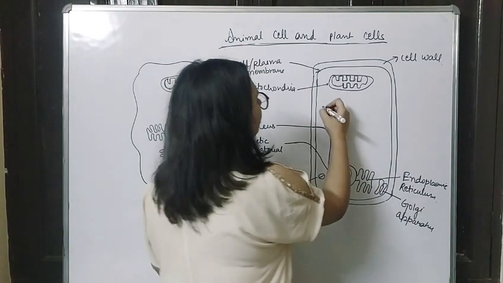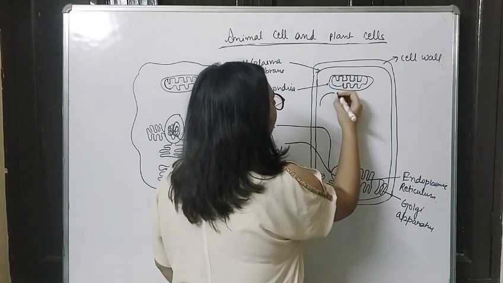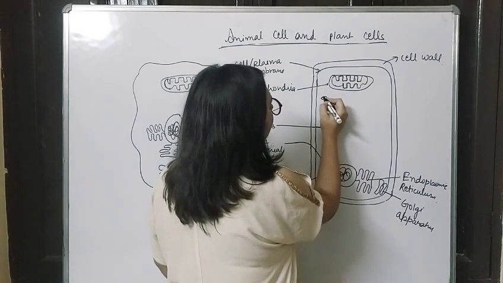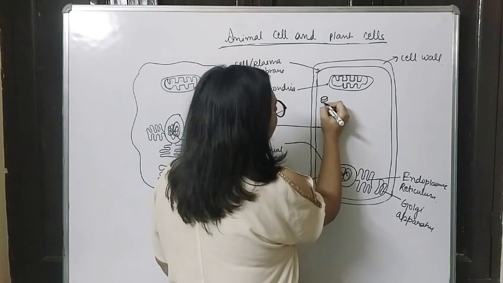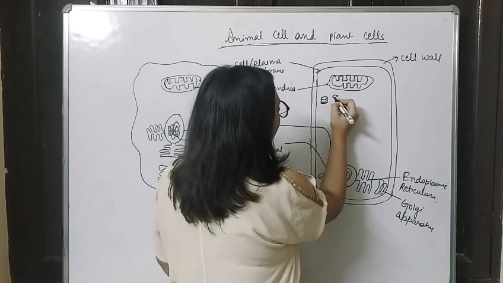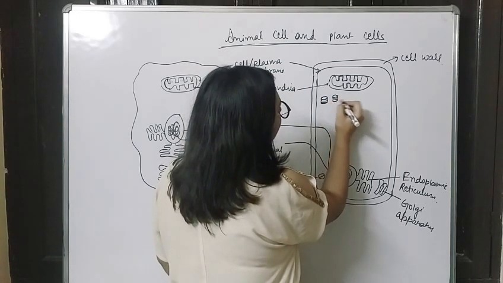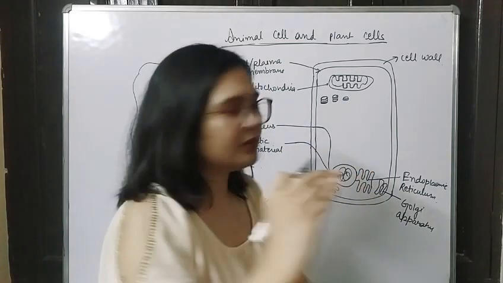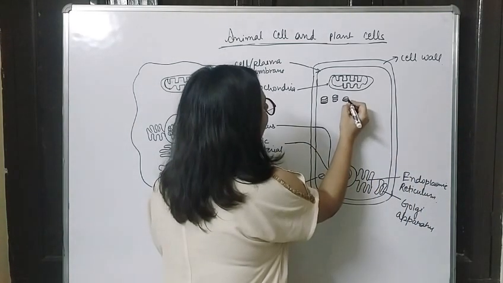Now we'll see that chloroplast. See how to make that chloroplast. For making those chloroplasts you need to draw coins. Can you see the coin like structure? Here I'm going to draw one. You must have seen piles of coins, the way you put them, so that is known as piles of coins. So you have to draw piles here.